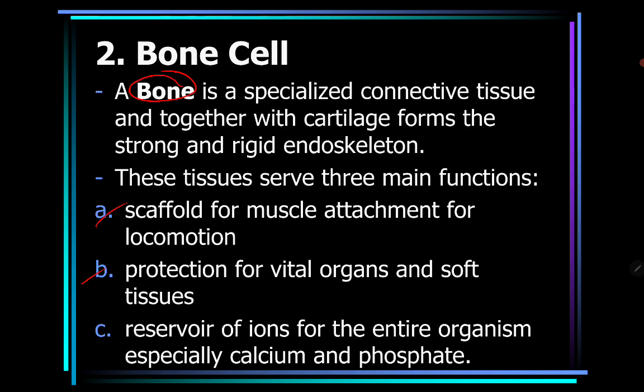Example that I can give you is the ribs that protect our lungs, our heart. We have also a reservoir of ions for the entire organism, especially calcium and phosphate.